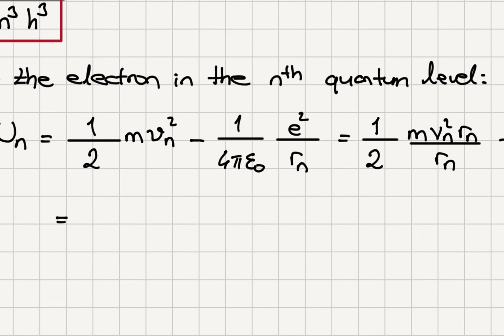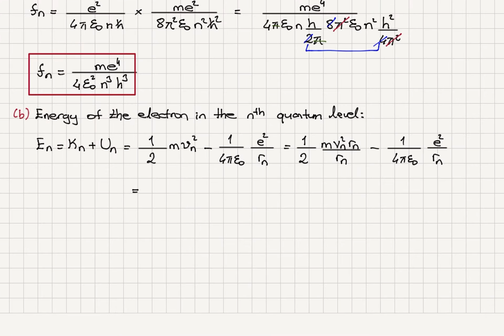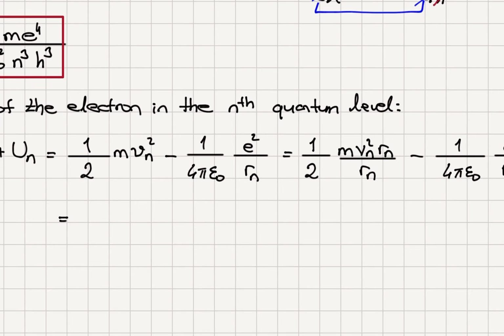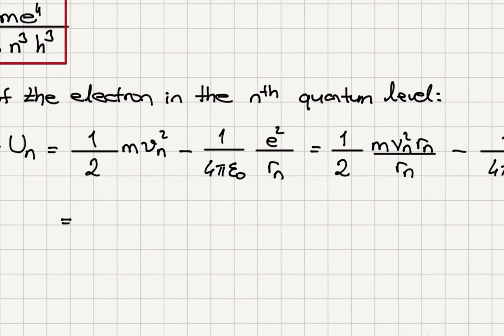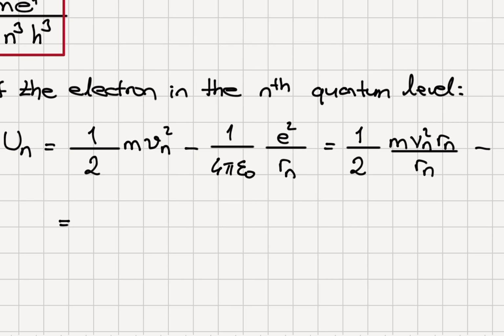so we have m v squared over r is equal to the centripetal force. So we have r sub n divided by 2, 1 over 4 pi epsilon 0, the centripetal force.